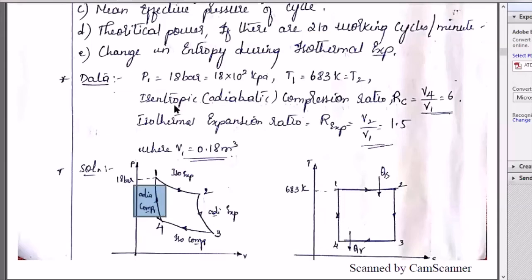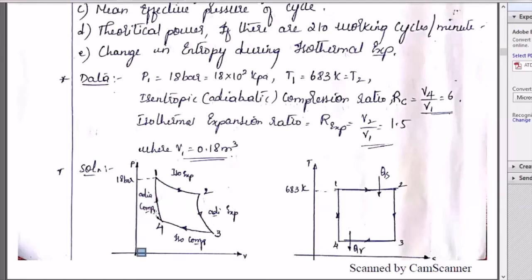So the isentropic or adiabatic compression ratio is 4 to 1. In these two, which volume is more, V4 or V1? You can observe volume increases in this direction from left to right. If it goes from right to left, the volume decreases.